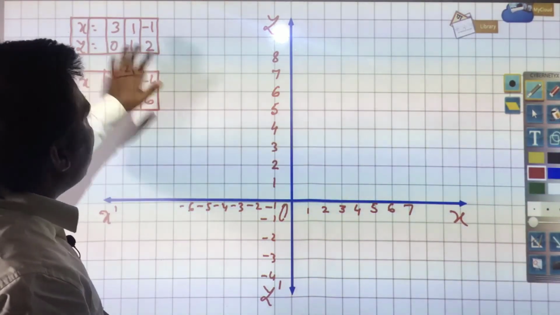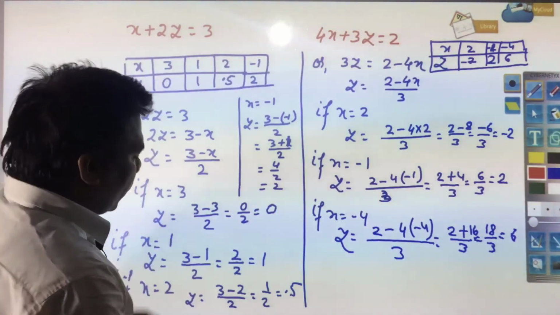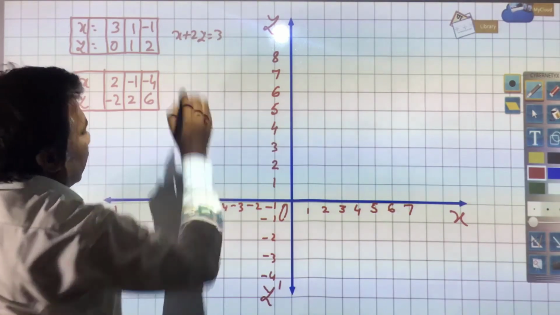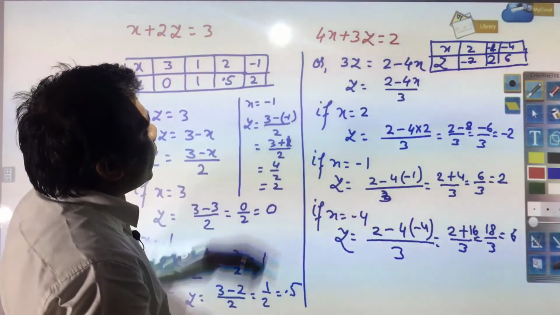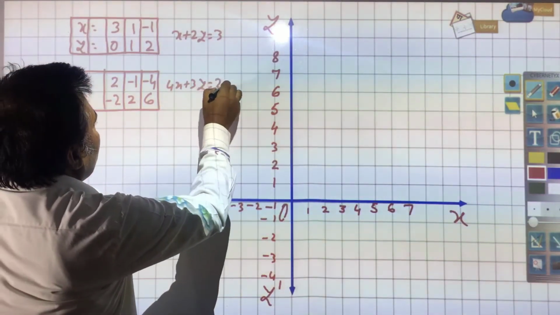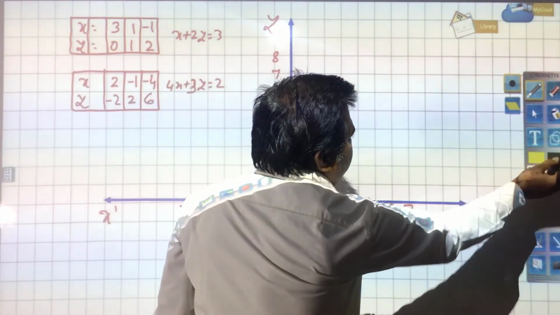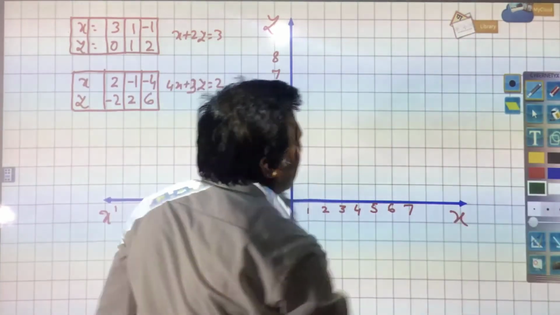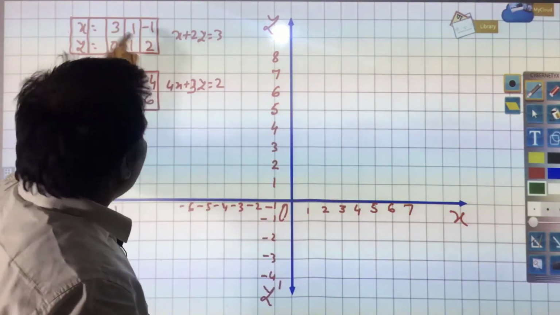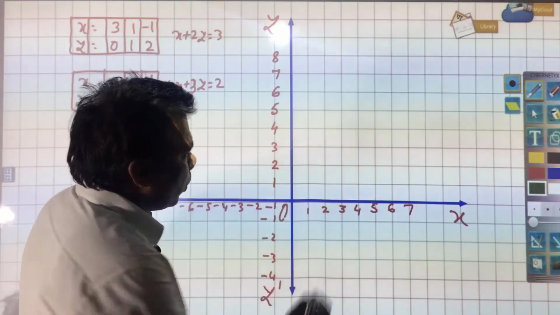Now we will plot this graph. The first equation is x plus 2y is equal to 3, and the second is 4x plus 3y is equal to 2. Two equations you had. How will we do it? Suppose x is equal to 3, we take positive 3 on the x axis, and y is equal to 0, so your point will be over here.